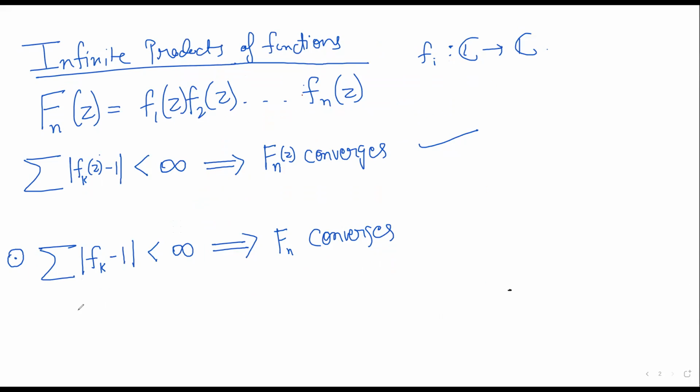They are directly applying the M test. If this thing is less than C_k, this means for all z, because it is again in the sup norm, the uniform convergence sup norm. If this is true and this is true, then that certainly implies this, correct?